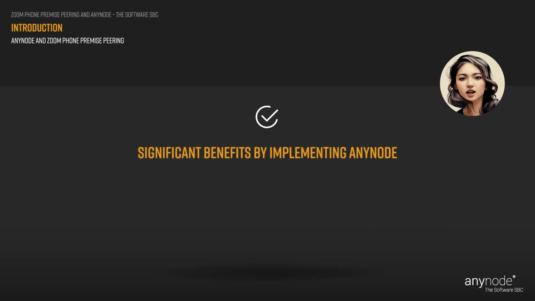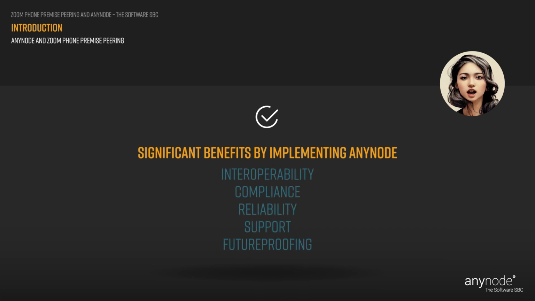By implementing anynode, the official Zoom certification for Zoom Phone premise peering offers significant benefits. Interoperability: anynode ensures a seamless integration with Zoom Phone premise peering for high-quality audio and video. Compliance: anynode meets Zoom's compliance requirements for Zoom Phone, ensuring necessary features, security, and privacy policies.